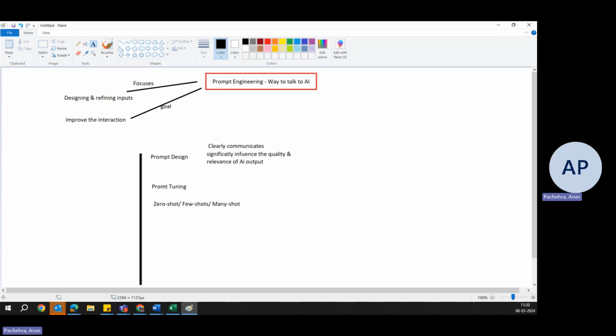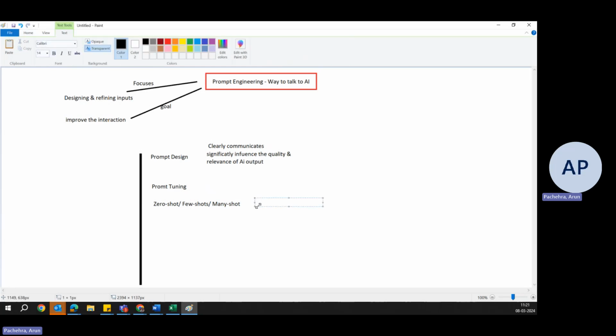Few shot learning includes a few examples to demonstrate the desired output. Many shot learning provides many examples, further refining the model's understanding of the task. Prompt engineering explores the most effective use of these approaches for different applications. So it is all about providing examples so that AI can understand and give you the desired output.